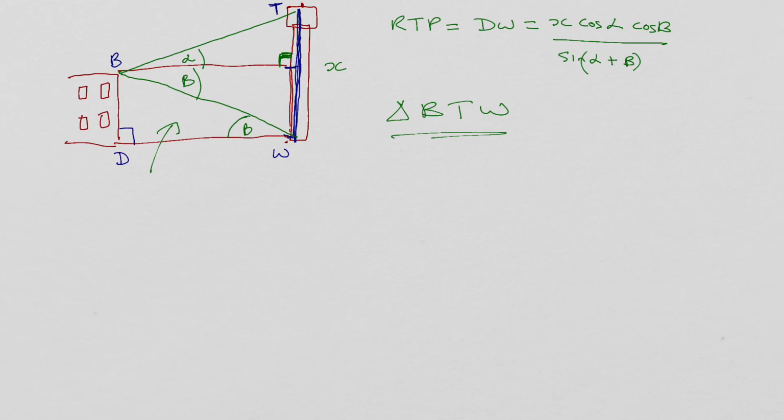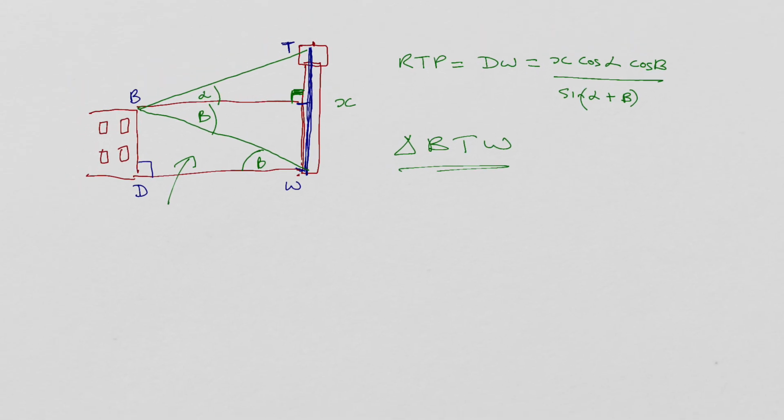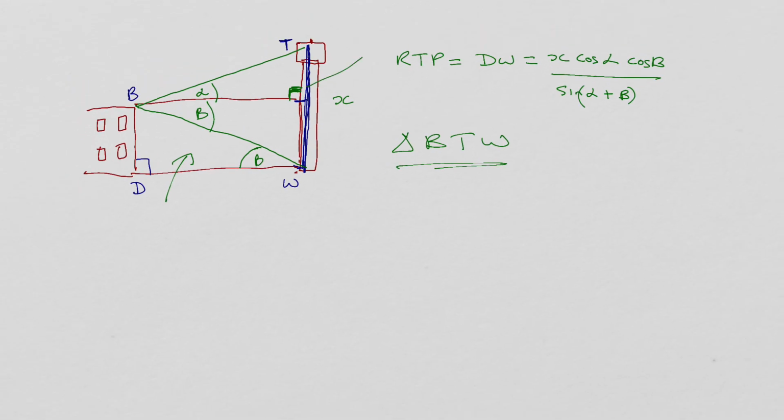This angle over here, if this is 90 degrees, then this angle over here is 90 degrees minus alpha, because this one is alpha. So that's in triangle BT, and I don't know what we want to call that. Let's call that Y. So in triangle BTY, we've got that angle over there. So we can do a bit of sine stuff.